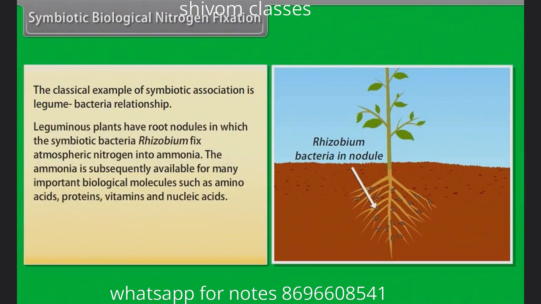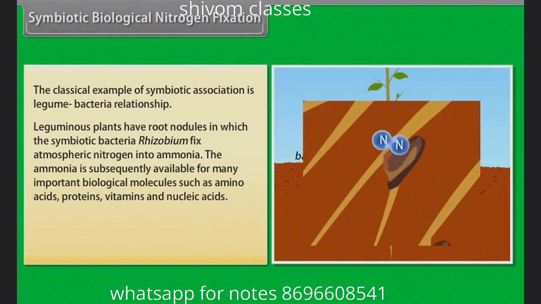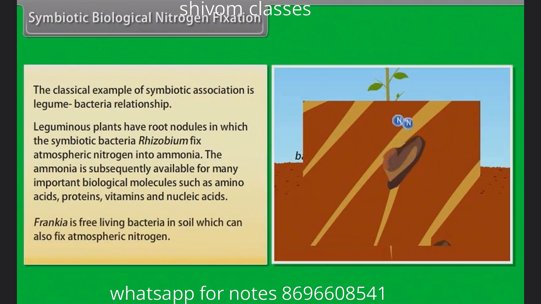Leguminous plants have root nodules in which the symbiotic bacteria Rhizobium fix atmospheric nitrogen into ammonia. The ammonia is subsequently available for many important biological molecules such as amino acids, proteins, vitamins, and nucleic acids. Frankia is a free-living bacterium in soil which can also fix atmospheric nitrogen.